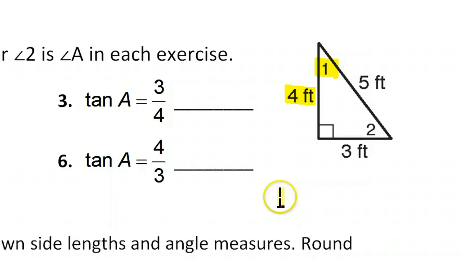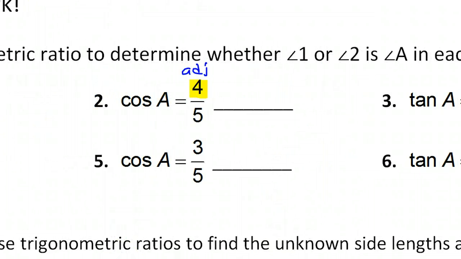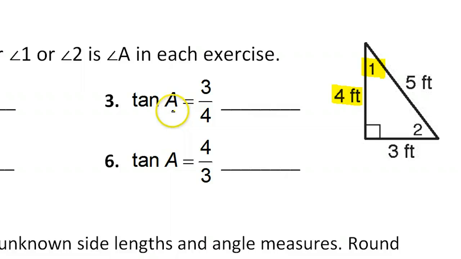Adjacent means right next to. So for this problem, angle 1 must be the angle that we're talking about. So angle 1. For number 3, tangent is defined as the opposite leg over the adjacent leg.